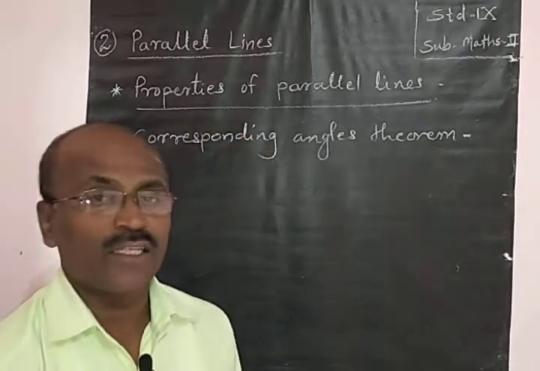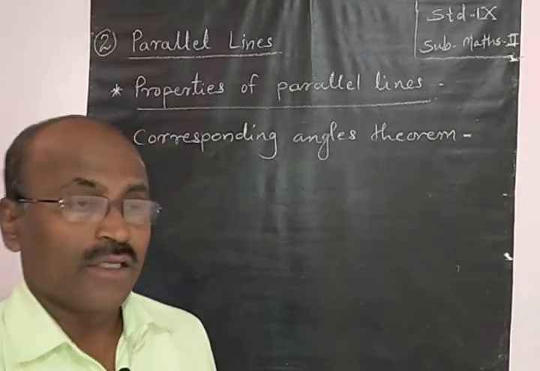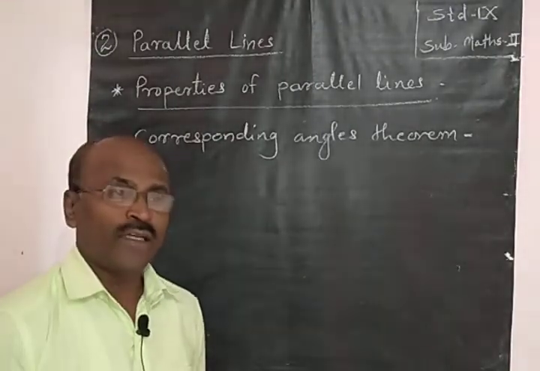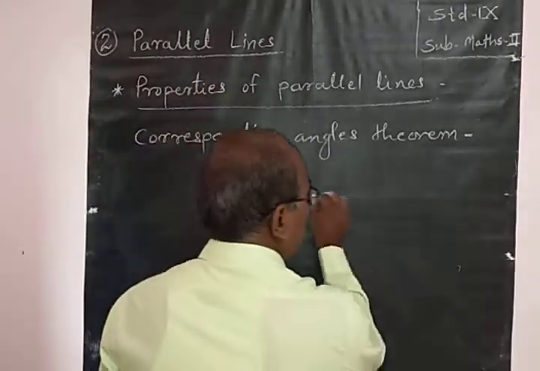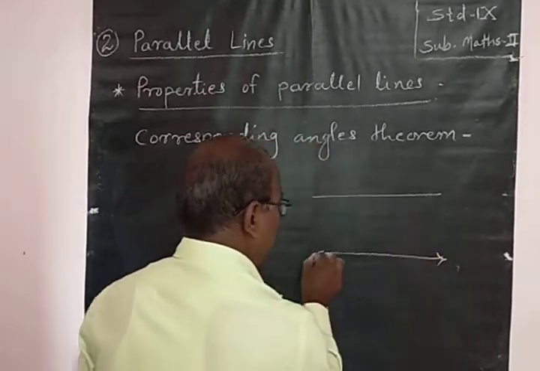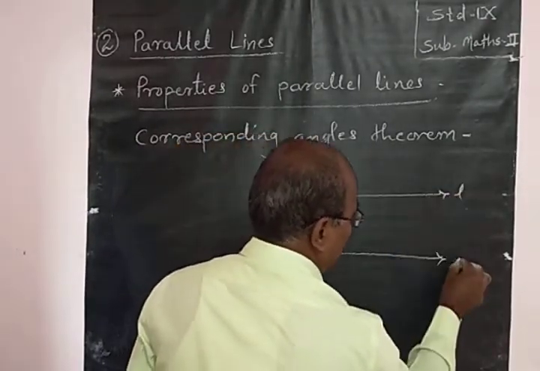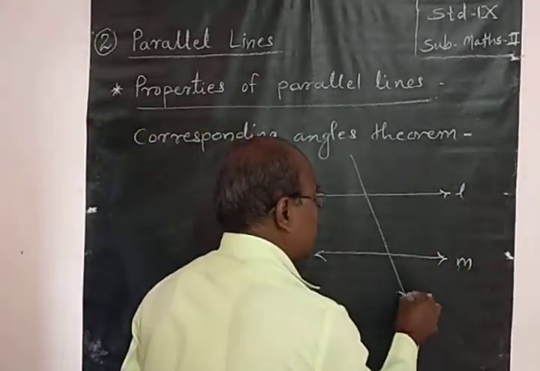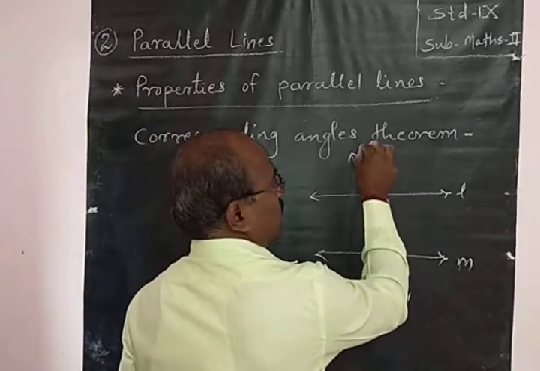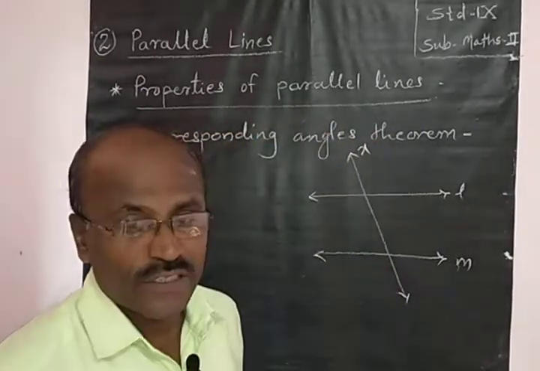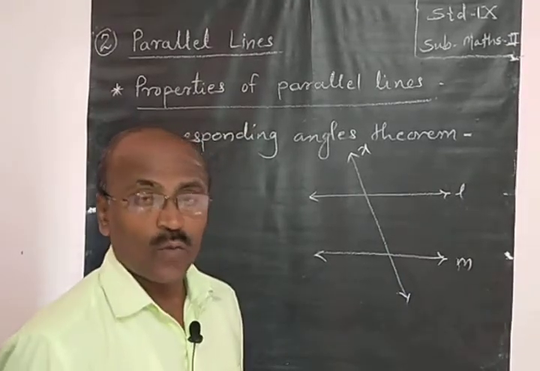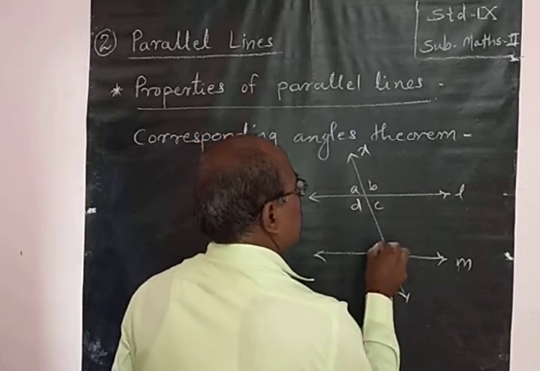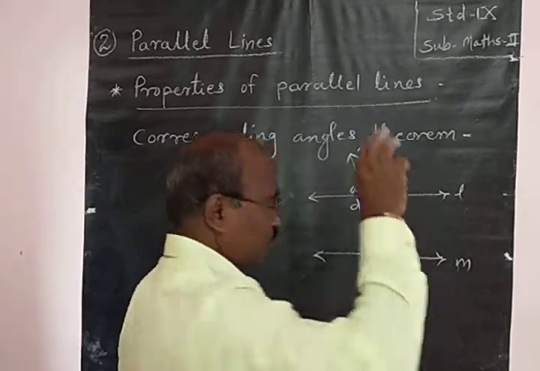The corresponding angles formed by the two parallel lines are congruent, or equal in measure. Suppose the line L and the line M are parallel to each other, and there is a transversal which intersects these two lines. X is the transversal which intersects these two lines at two distinct points. Suppose the angles formed are A, B, C, D, E, F, G, H.